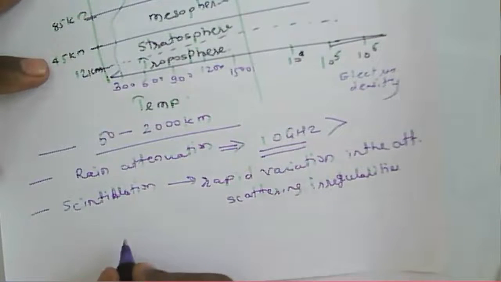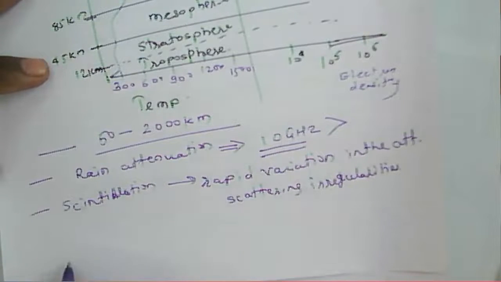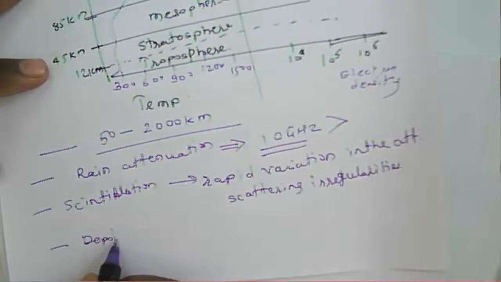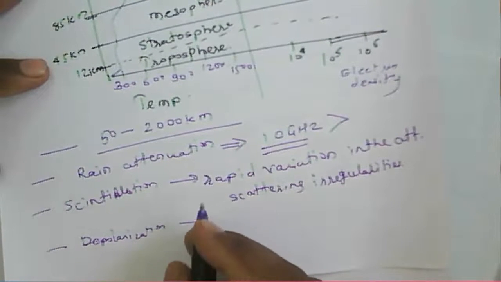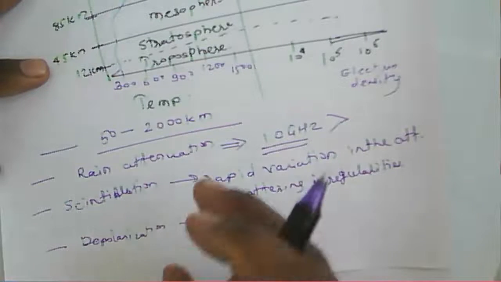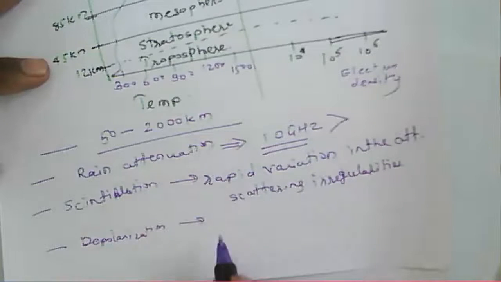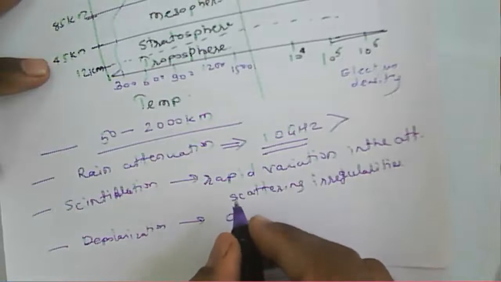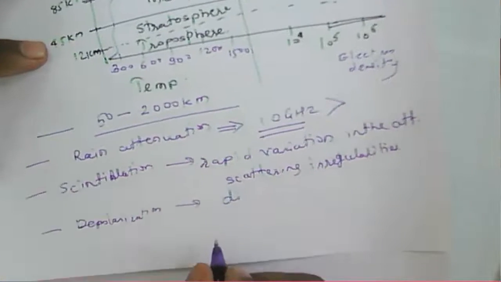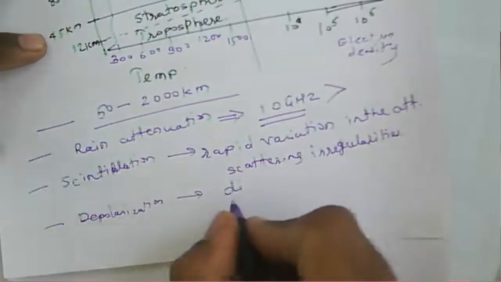Okay, that is about scintillation. And depolarization, we say, will occur because of differential attenuation and a phase shift, caused by non-spherical raindrops.